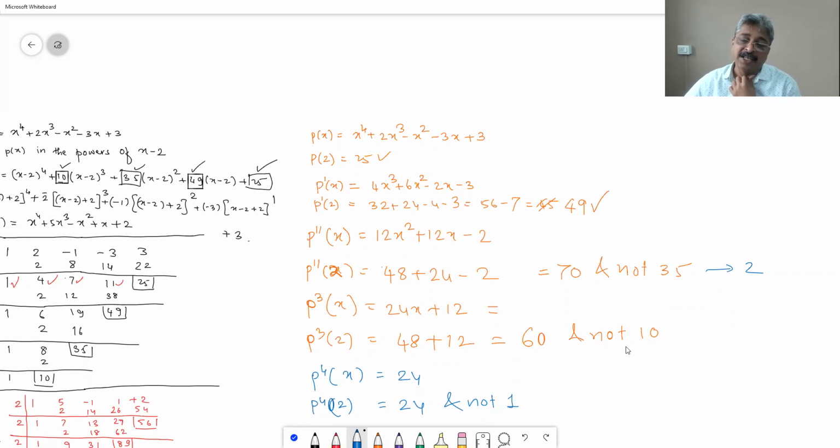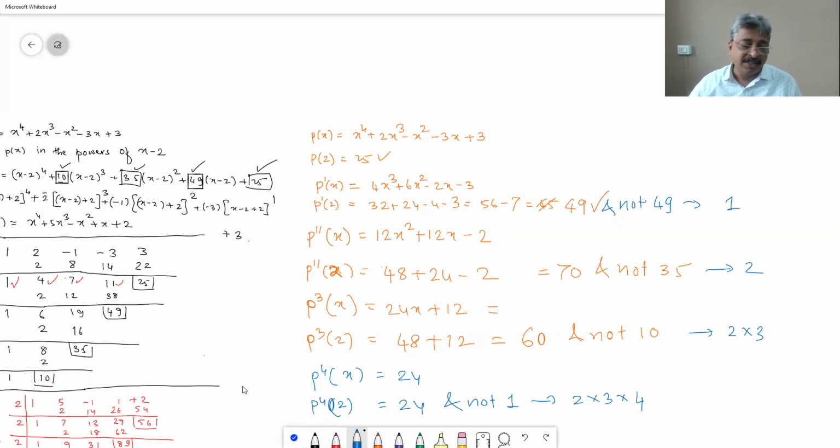We wanted 60 and not 10, the factor we got is 2 into 3. We wanted 24 and not 1, the factor that we got is 2 into 3 into 2, 4. We can say that the factor that we got is 1 and it is working. Correct?